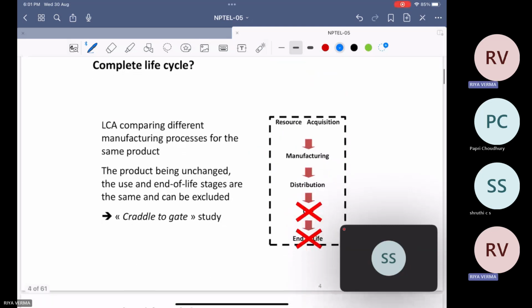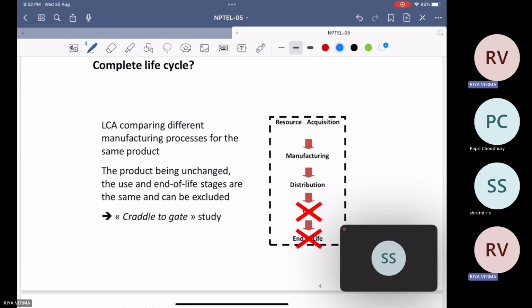And after that, we need to understand the complete life cycle of a material. So if we want to perform a life cycle assessment in which we need to compare different manufacturing processes for the same product, then since the product is unchanged, the use and end of life stages will be the same in both cases.